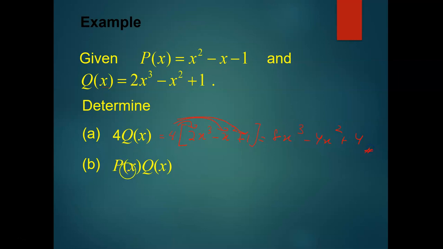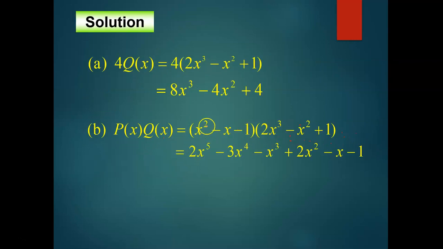That's all. Then how about this one? x squared minus x minus 1 multiplied with 2x cubed minus x squared plus 1. Then you multiply one by one and expand everything. Then you collect similar terms and simplify. I think this is easy.